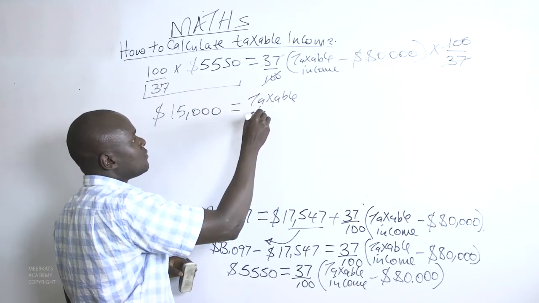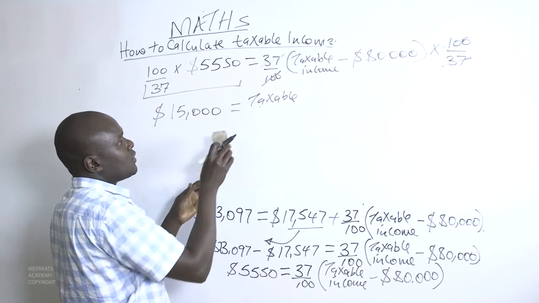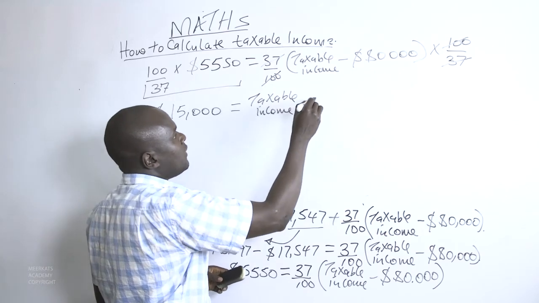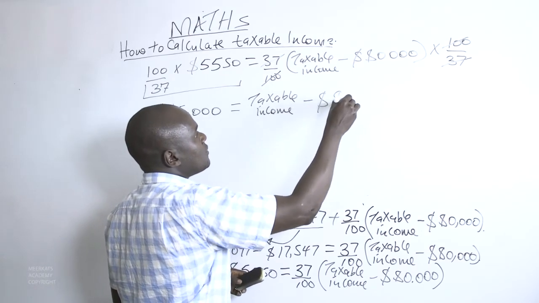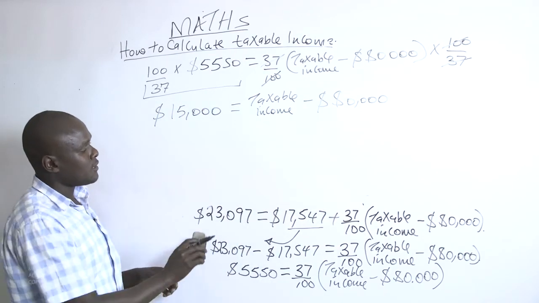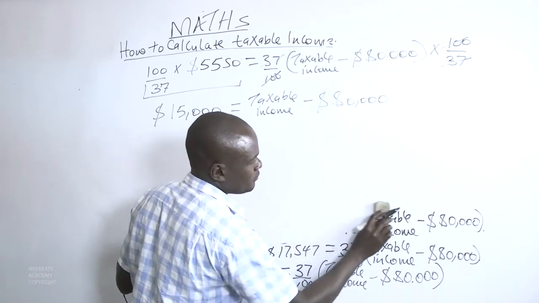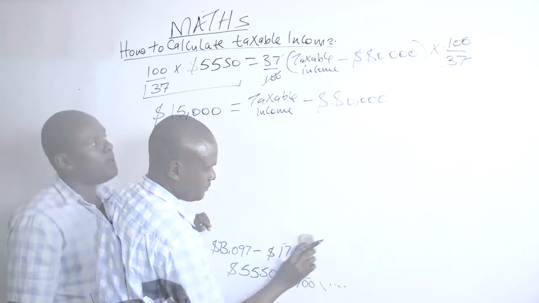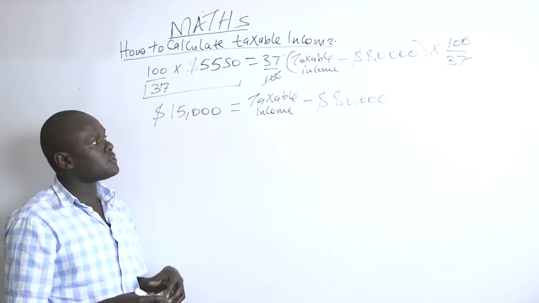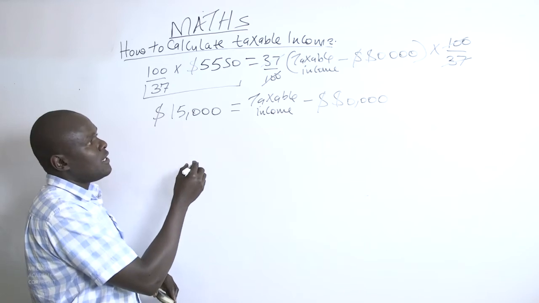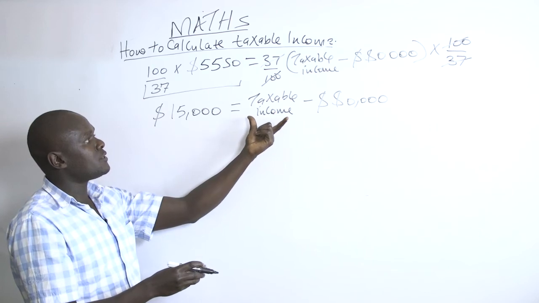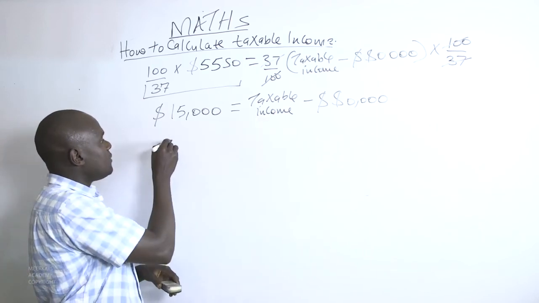This operation gives us $15,000, which should be equal to our taxable income minus $80,000. We want to remain with the taxable income on one side alone. How do we achieve that? We move this figure to the other side of the equation so that we remain with this one alone.